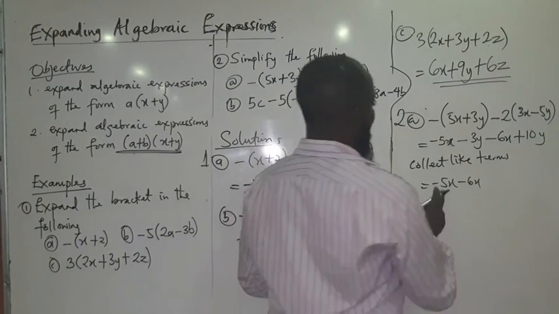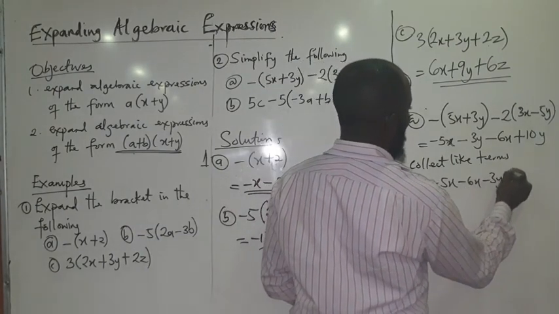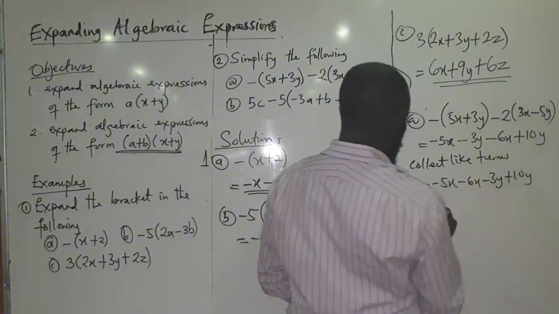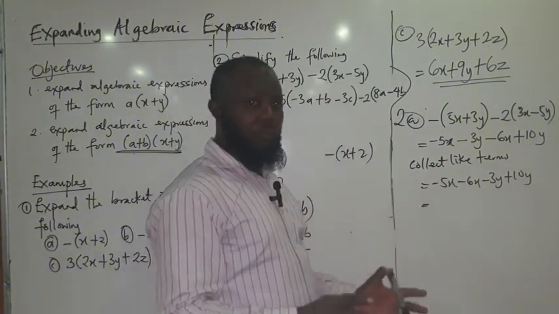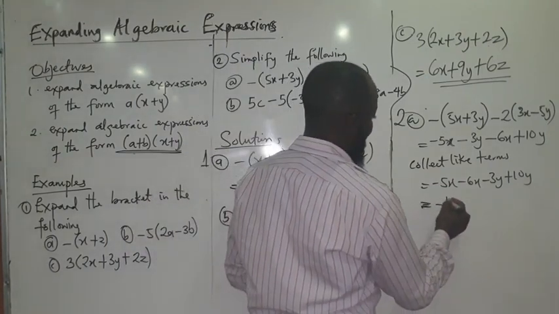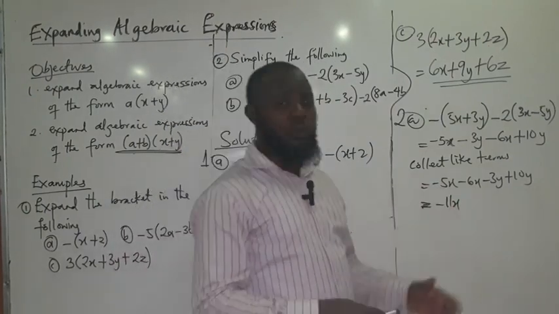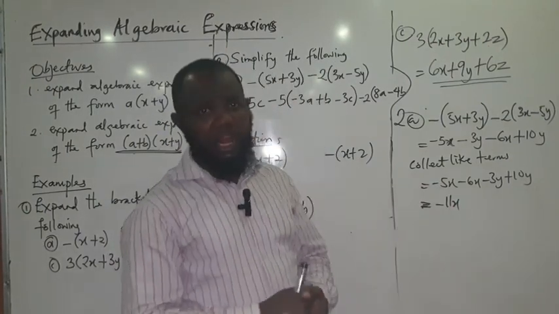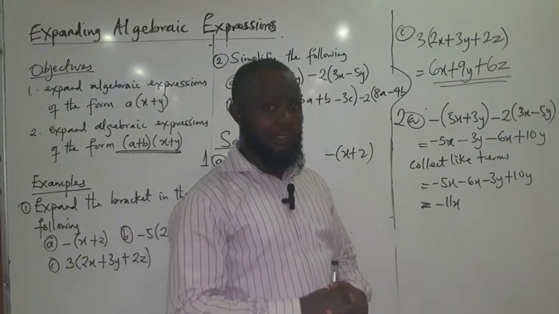So in that case, minus 5x minus 6x, then minus 3y plus 10y. Minus 5x minus 6x: they are both minus, we add them together, that gives us minus 11x. It's like you are owing 5x and you're also owing 6x. So making how much we owe each other together gives 11x. Is that clear?